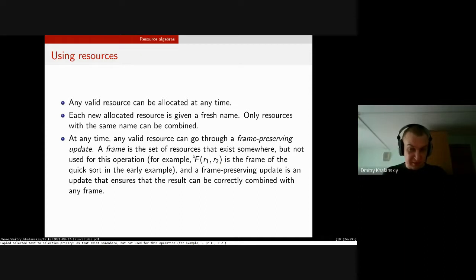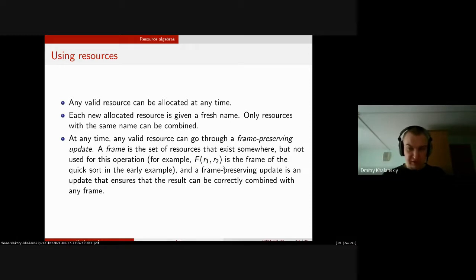That is, these are the statements, the ownership instances that are not actually used by the operation. A frame-preserving update is an update that ensures that no matter what frame exists somewhere in the program, the result will be able to combine with them correctly to form a valid resource.